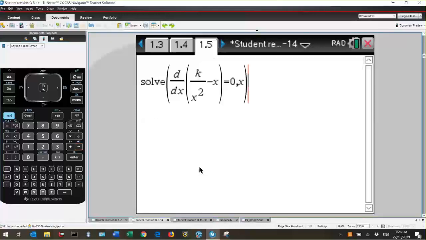So I need to find whereabouts the derivative equals 0, because the derivative equals 0 for the stationary point.